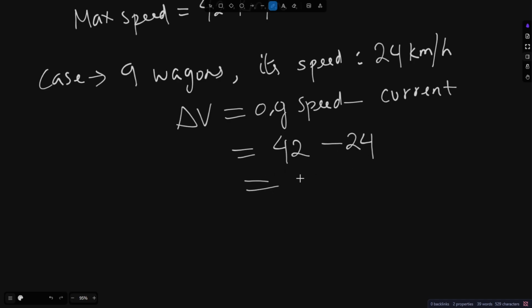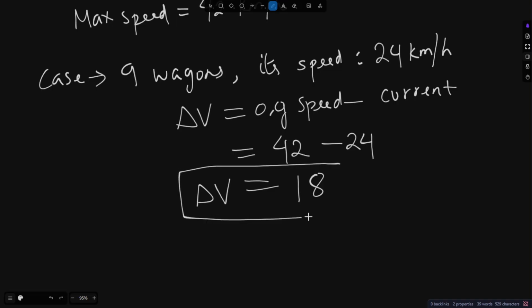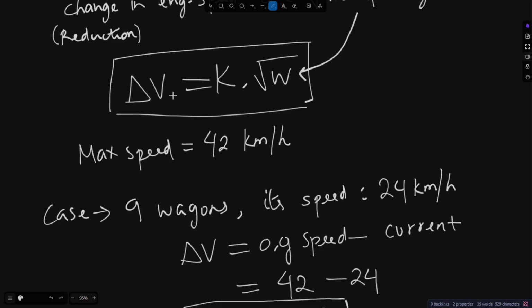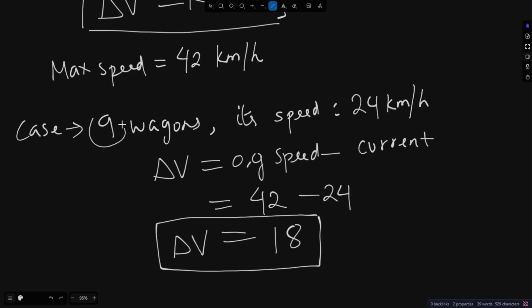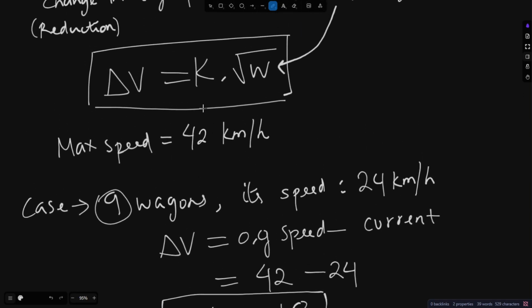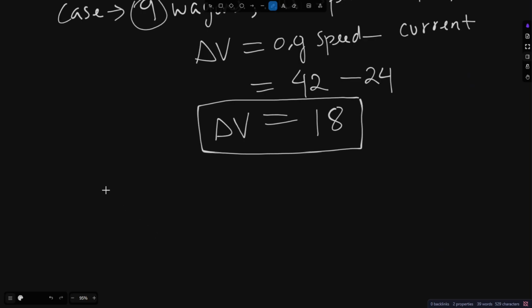If you subtract these two, you get 18. So delta V, the reduction in speed, is 18. And W, the number of wagons, is 9. So we can plug in the numbers and find our constant of proportionality.